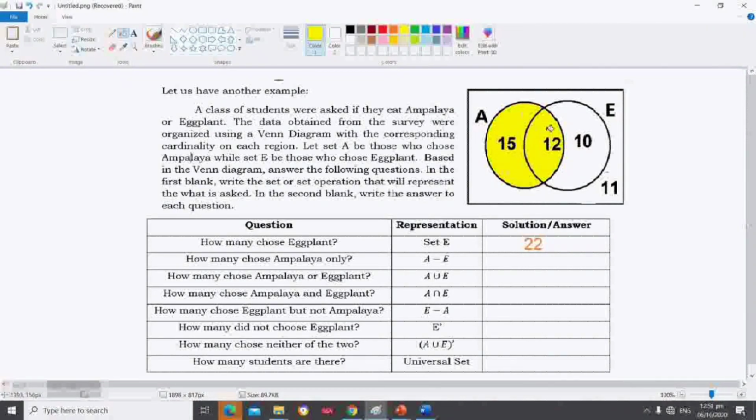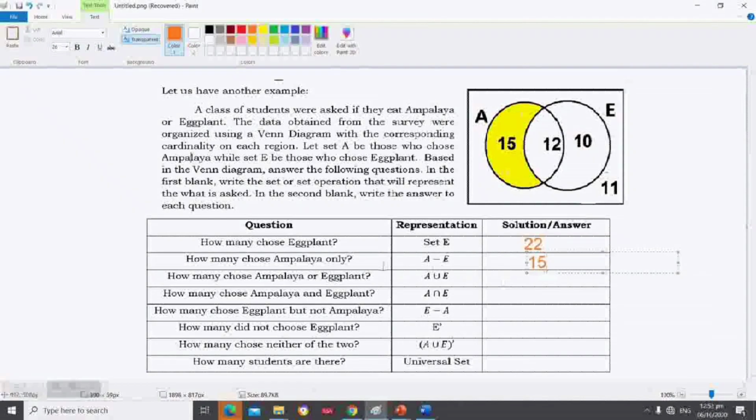Now in this case, we have to remove the region wherein you have 12. So this region represents A minus E for those who chose ampalaya only. So the answer is simply 15.